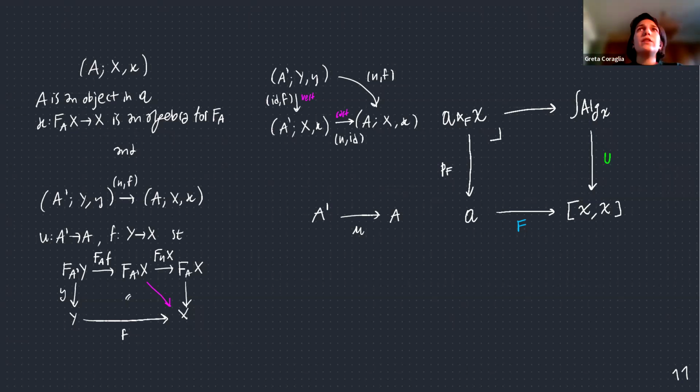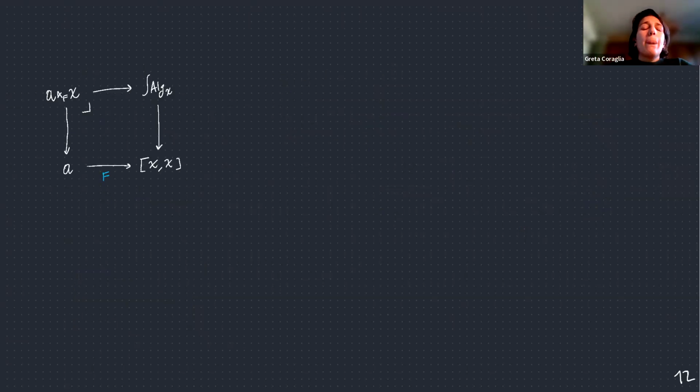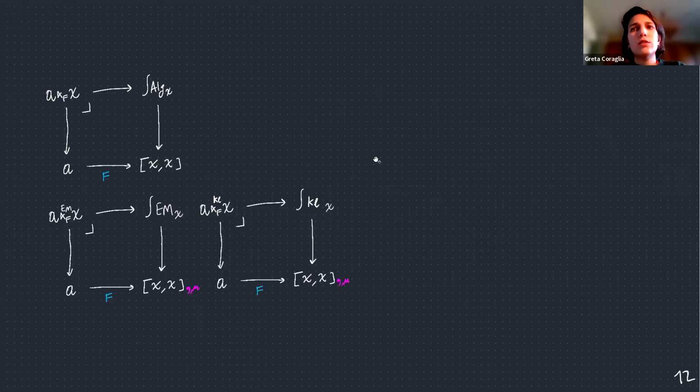Okay, so we have these fibrations, and now we know what their objects are and how they behave. And of course, as I promised, and as you can imagine, there are many variants. For example, if you restrict yourself not to all endofunctors, but only to endofunctors that are monads, then you can compute algebras, the Eilenberg-Moore category, and the Kleisli category, and they will in turn give rise to two different universal maps of this kind.